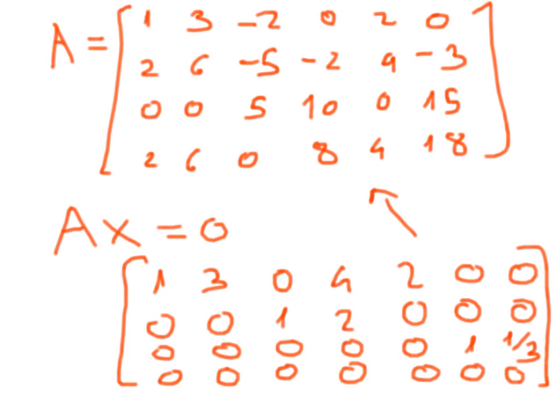Well, first of all, you can see that we have the leading ones that are here, and that these are all zeros. So the solution of this, if you want to rewrite it in the corresponding system of equations, you can rewrite in this way.